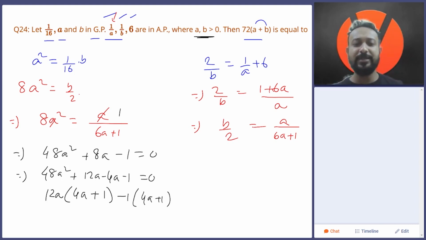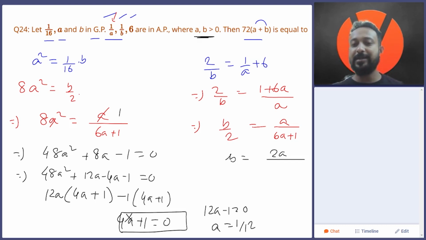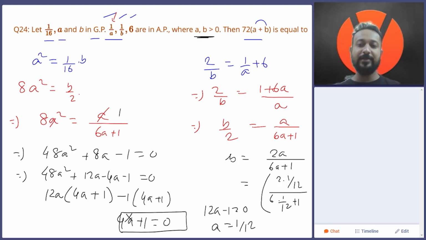A and B both are positive, so 16A plus 1 giving 0 would give A as negative, so we will reject it. So 8A minus 1 equal to 0, and hence A is 1 by 8, which is perfectly fine. Hence B will be how much, beta? B will be twice A by (16A plus 1). So if A is 1 by 8, twice of A will be how much? 2 into 1 by 8 divided by 16 into 1 by 8 plus 1.